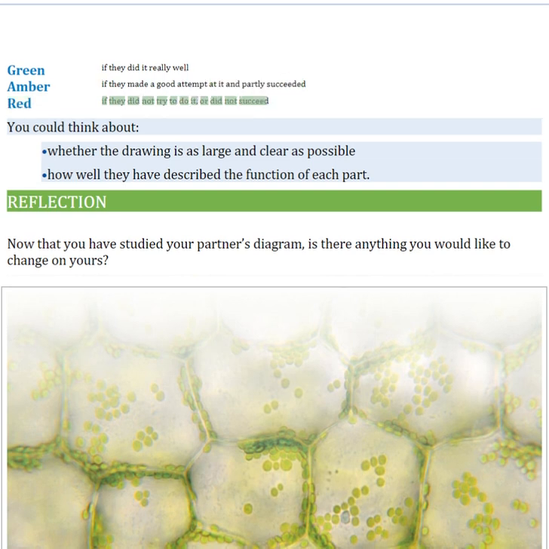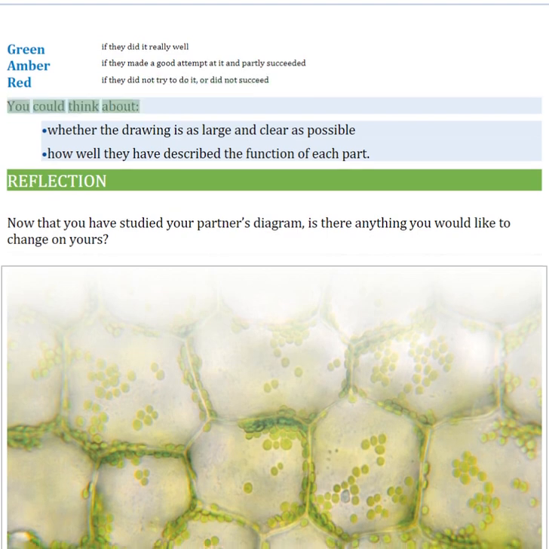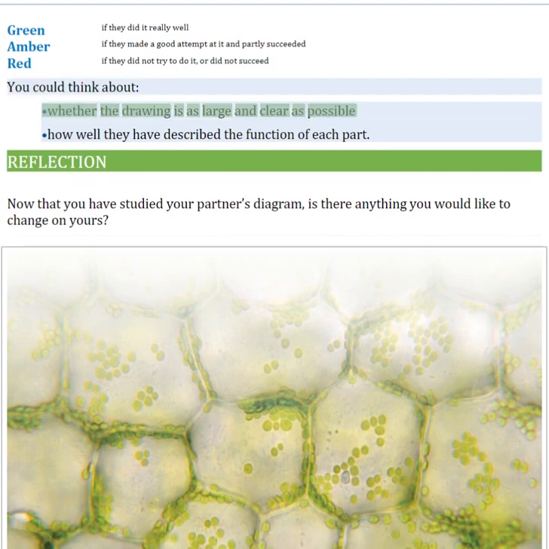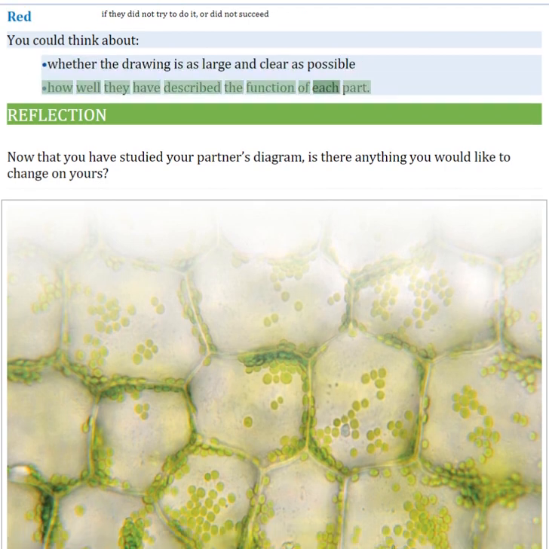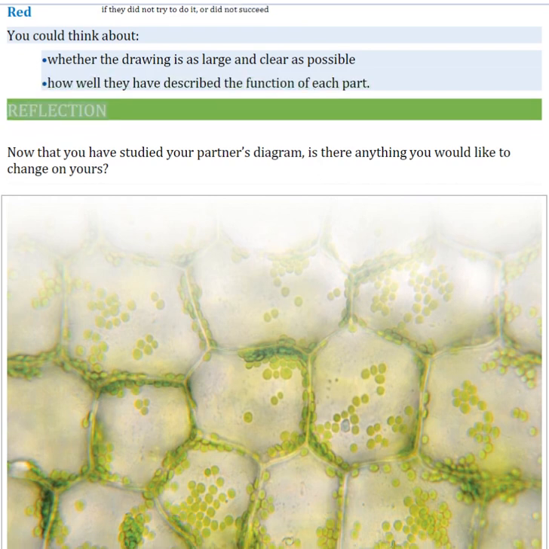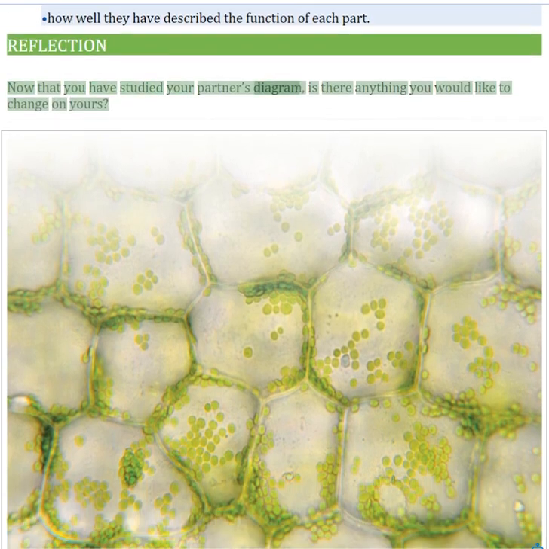Red, if they did not try to do it, or did not succeed. You could think about whether the drawing is as large and clear as possible, and how well they have described the function of each part. Reflection. Now that you have studied your partner's diagram, is there anything you would like to change on yours?